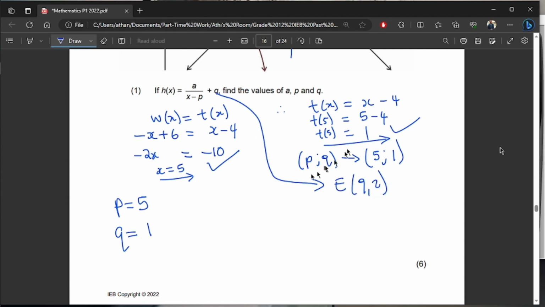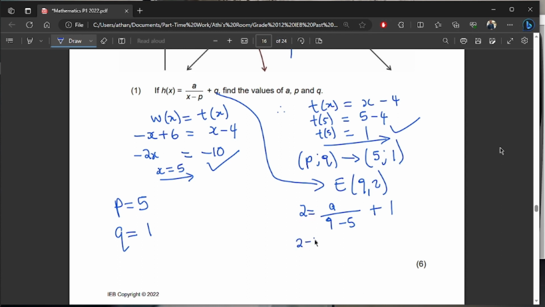We use those coordinates to substitute there. The value of y is 2, a is what we don't know, over x minus p, and we set the value of p as 5, so it's minus 5, plus the value of q, which is 1. We also have 9 as x, so let me remove x and put 9.